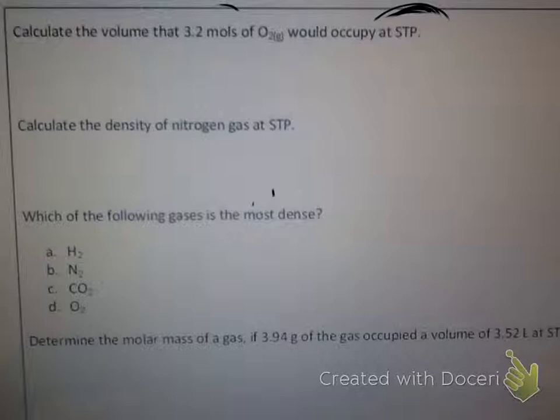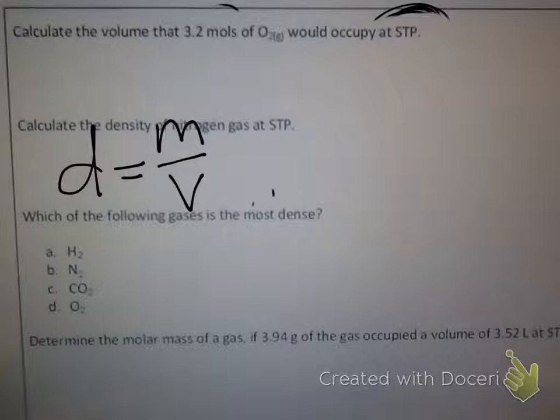All right, the next problem says calculate the density of nitrogen gas at STP. Okay, we want density. Now, we have two density equations we talked about. We know that density equals mass divided by volume. But are we given the mass and the volume of this nitrogen gas?